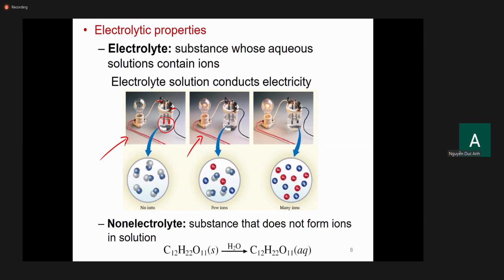So we call this a weak electrolyte. And on the other part, if you dissolve a substance in a solution and the electric current can pass through this solution very easily, you see the bulb here is brighter than this one. This one can be called a strong electrolyte.